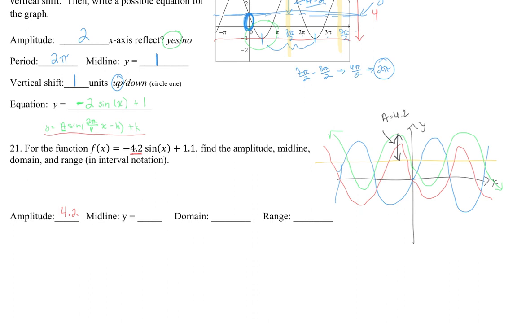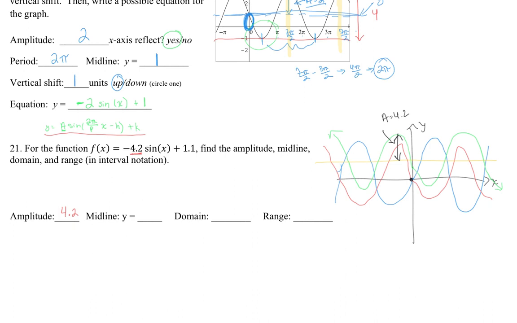So if we know our amplitude is 4.2, and we shifted from 0, 0, we shifted up 1.1, we can find out what our midline is.